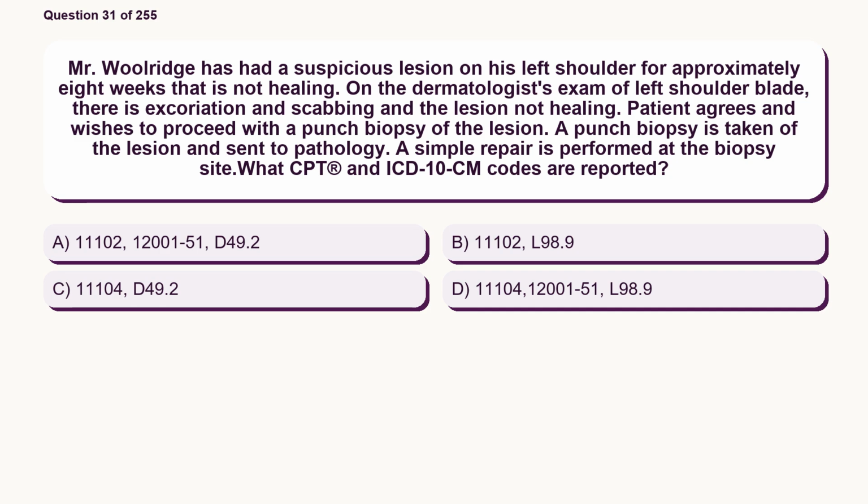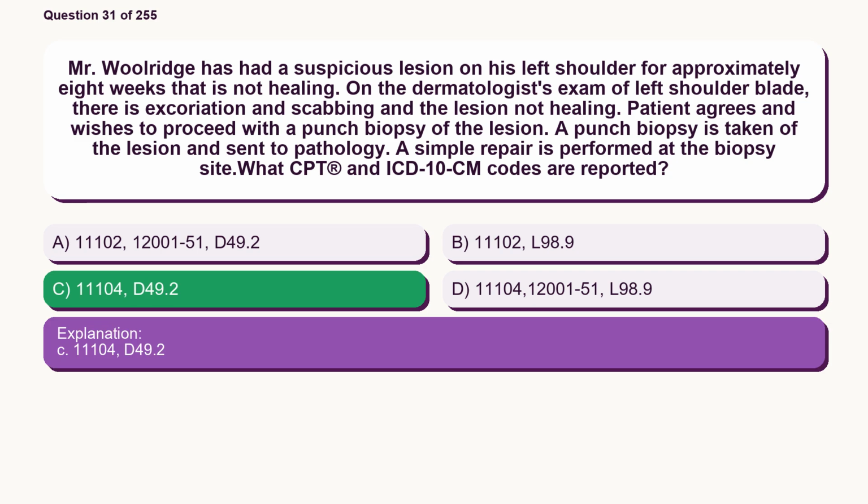Option A, 11102, 12001-51, D49.2. Option B, 11102, L98.9. Option C, 11104, D49.2. Option D, 11104, 12001-51, L98.9. The correct answer is option C, 11104, D49.2. C, 11104, D49.2.